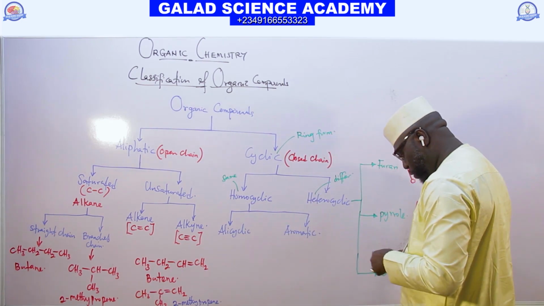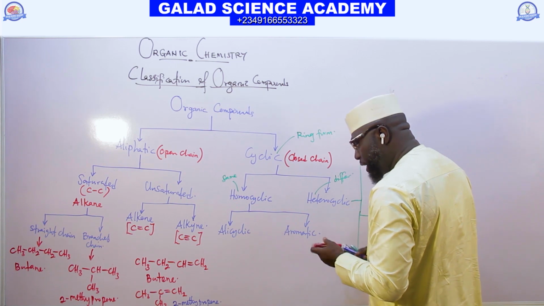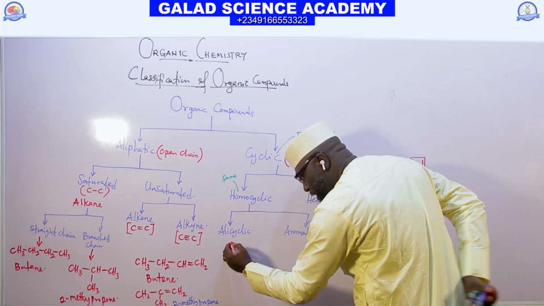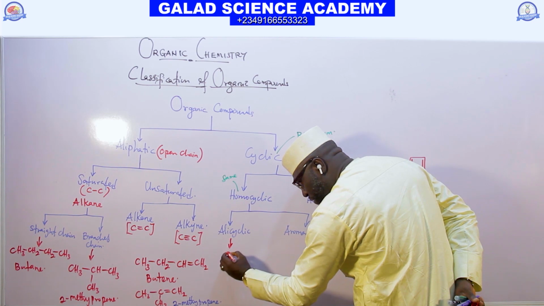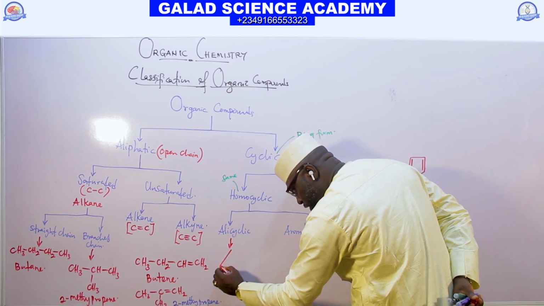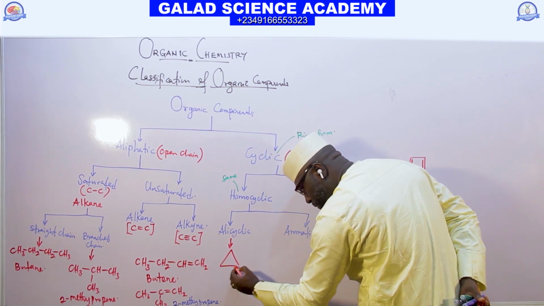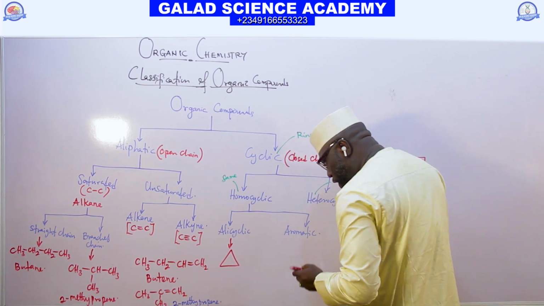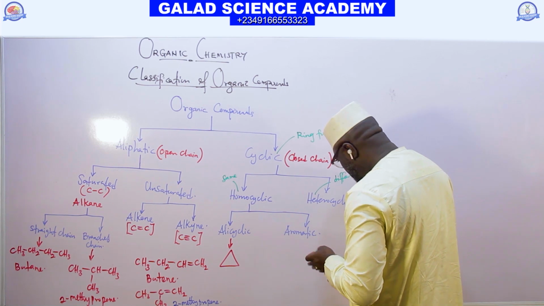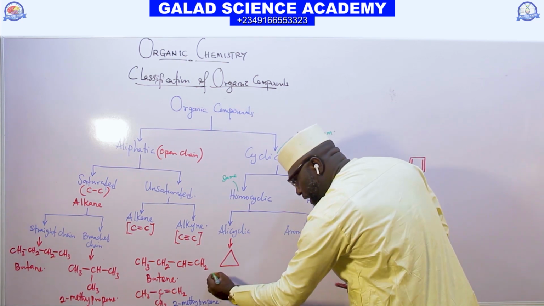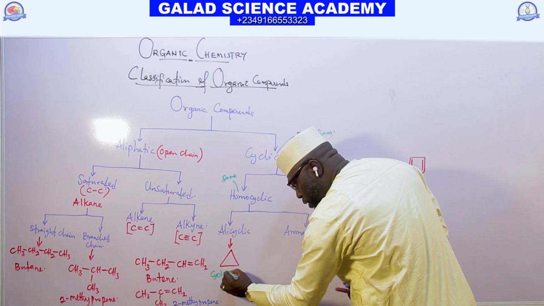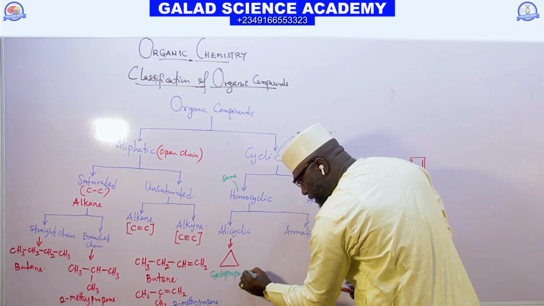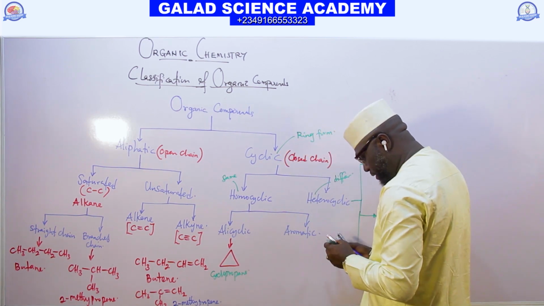Now, for example, you can have this structure: 1, 2, 3. You call it cyclopropane, a cyclic compound.